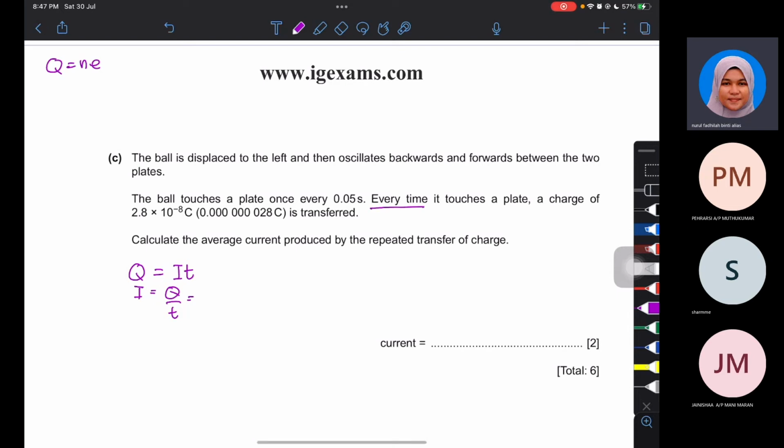Every time 2.8 times 10 to the power of negative 8 coulomb divide by the time. Time dia berapa? 0.05 second. So nampak sekali lagi cikgu tulis unit-unit tu. So tekan calculator, you dapat berapa? You dapat about 5.6 times 10 to the power of negative 7 ampere.